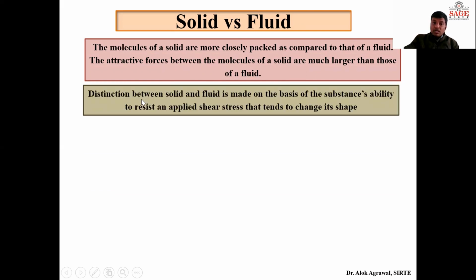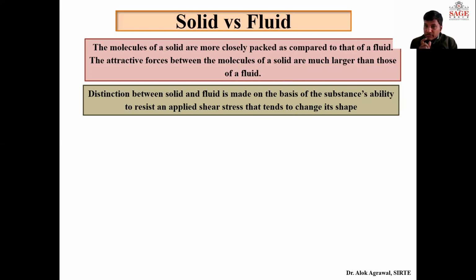Okay, the distinction between solid and fluid is made on the basis of a substance's ability to resist an applied shear stress that tends to change its shape. Now this is an engineering definition, or we can say this is the difference between solid and fluid in engineering terms.